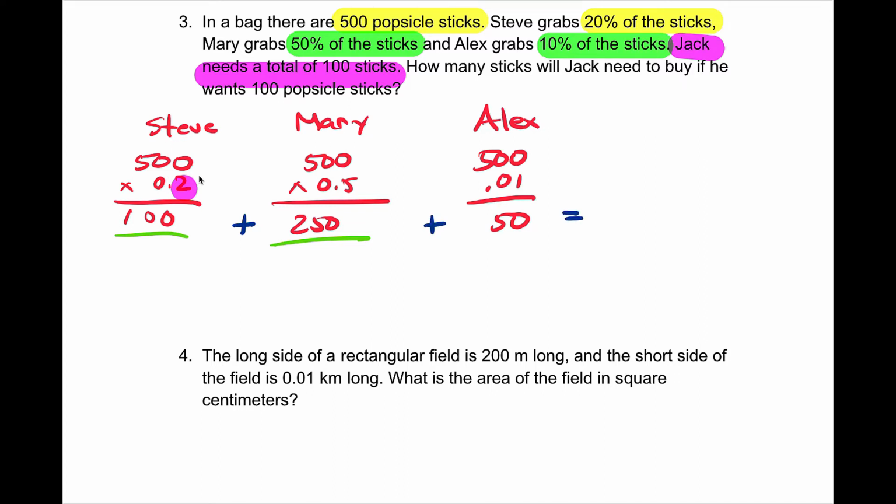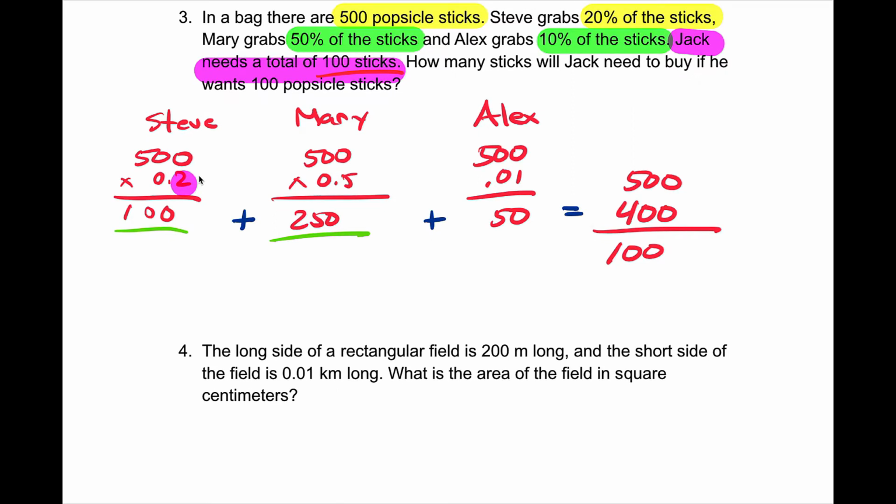So how many sticks do we have remaining? Or sorry, how many sticks did they take? They took 400. How many did we start with? 500 sticks. How many are remaining? 100 sticks. So how many does Jack want? He wants 100 sticks.